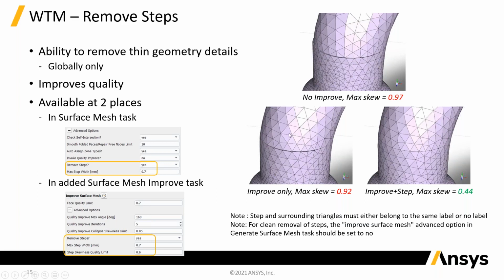If you only improve the mesh, well, it gets a little better, but it doesn't go away. But if you do it down here in a surface mesh improve task, look, you've completely got around that. So the skewness has gone down enormously. So watch out for this. It can be used very effectively.